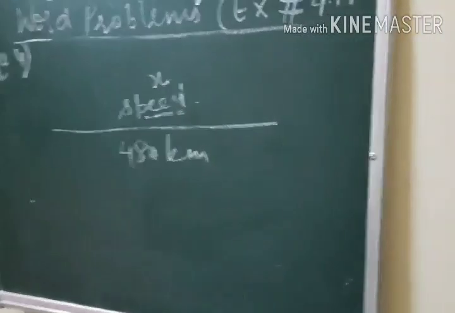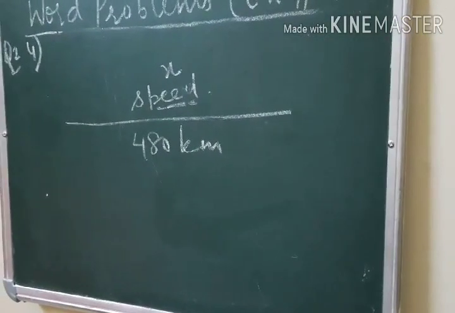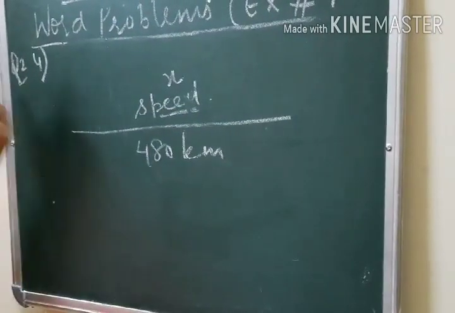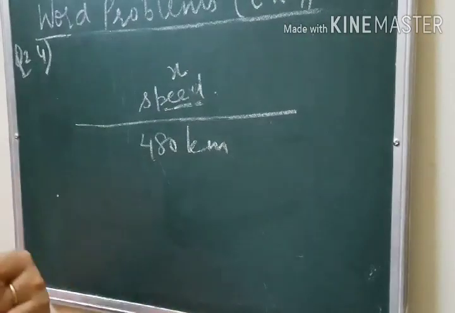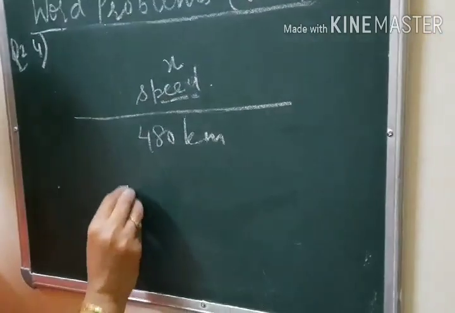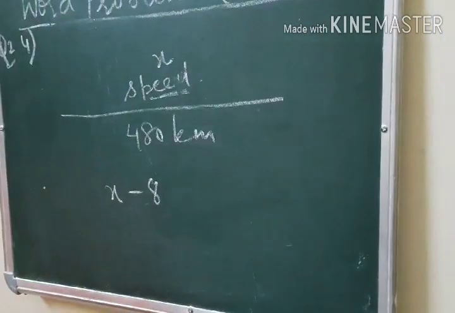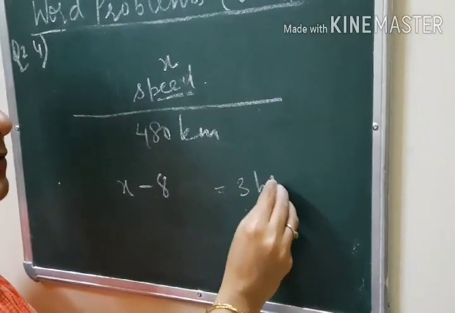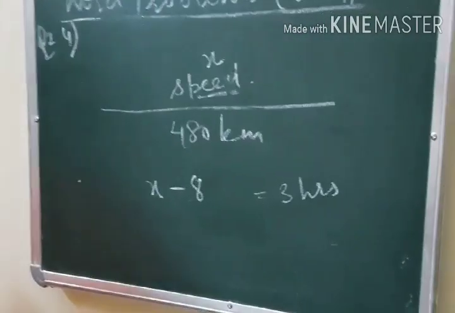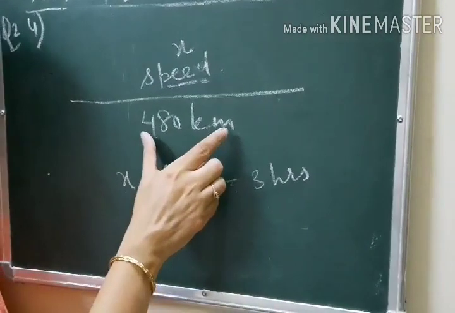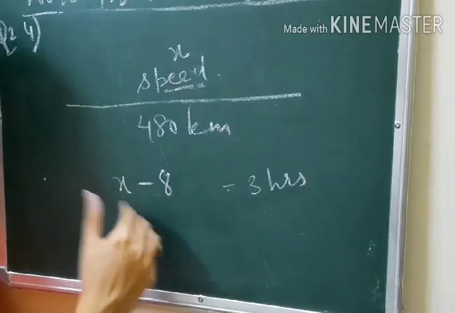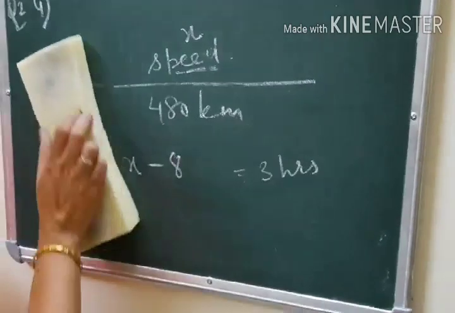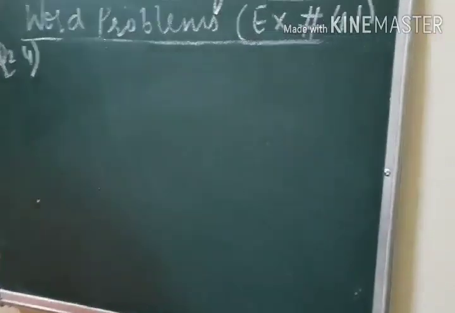If the speed had been 8 kilometers per hour less, that is, x minus 8, then it would have taken 3 hours more to cover the same distance. Whatever time it takes now, it will take 3 hours more at the new speed.